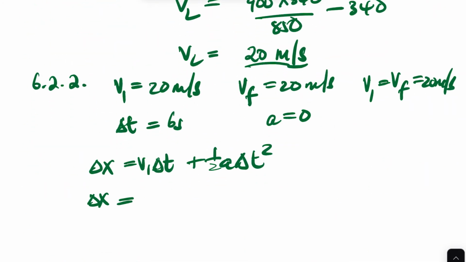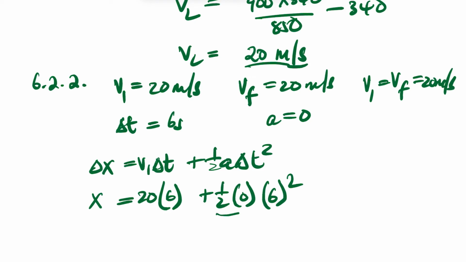So when we substitute here, x equals the initial velocity 20 times the time 6, plus half times the acceleration, which is 0, times 6 squared. So this side will be 0. So the distance between the two is 20 times 6, it's 120 meters. So it was 120 meters away.